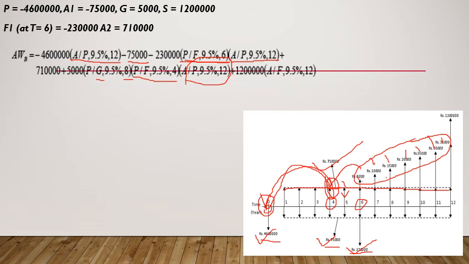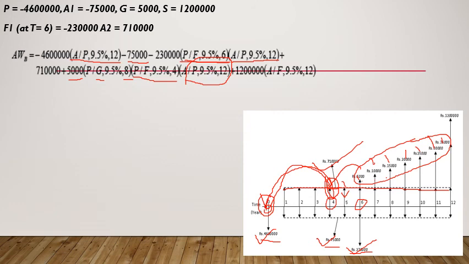Is that point clear? Let me repeat again. This 5,000 doesn't start from t equal to 2. Hence, it has to be converted into P first using the factor P/G, i, N. Then its P will be at t equal to 4 because its first payment starts at t equal to 5.